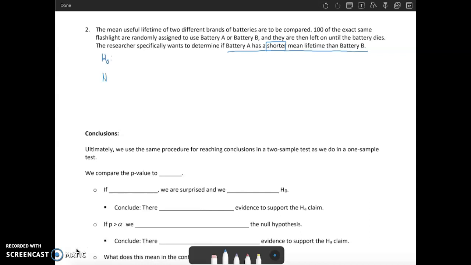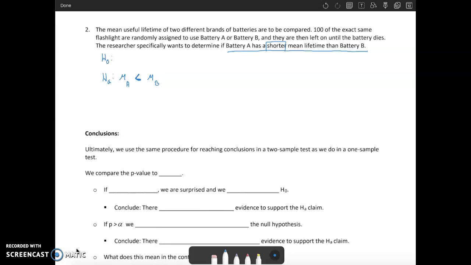Again, I'm going to write out H sub naught and H sub A, starting with H sub A. We are comparing the mean life of battery A, so I'm going to use mu sub A, to the mean life of battery B, so I will use mu sub B. Specifically, they are looking to show that battery A has a shorter, or less than, smaller mean life. So that leads me to my alternative hypothesis having a less than symbol.